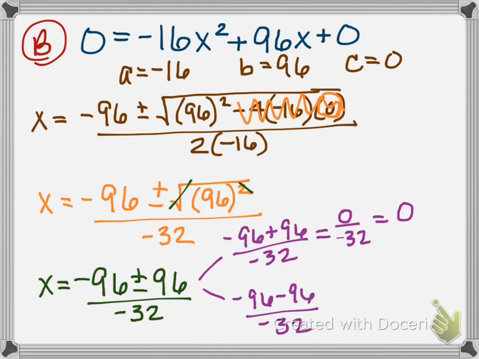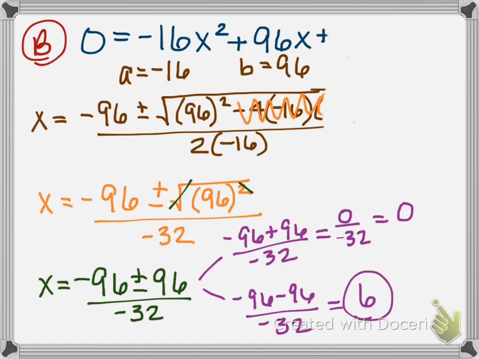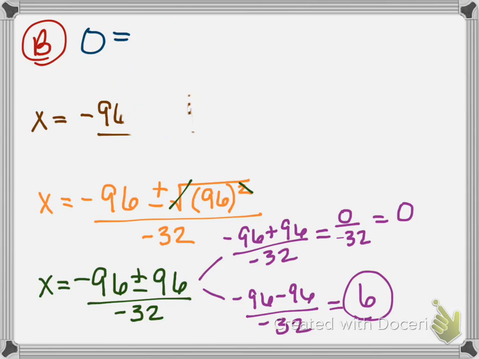So at 0 seconds, the ball was at 3 feet because that's where it was hit from. The bottom, negative 96 minus 96, divided by negative 32, this is exactly 6. So what happens is, let me just draw you a lovely little picture for you, if you're trying to figure out how to picture this in your head, right?